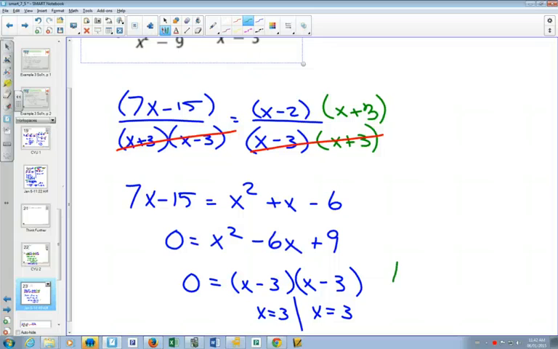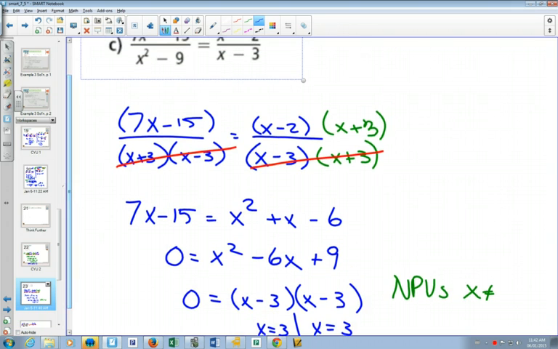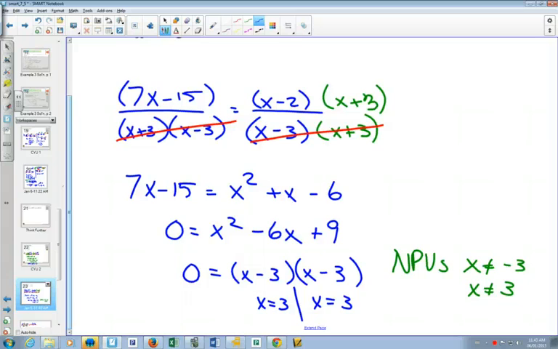Check our non-permissible values. What can't x equal? Well, we'll have to check once it's factored. X can't be negative 3, and x can't be 3. Oops, keep that green. Except there's only one answer.